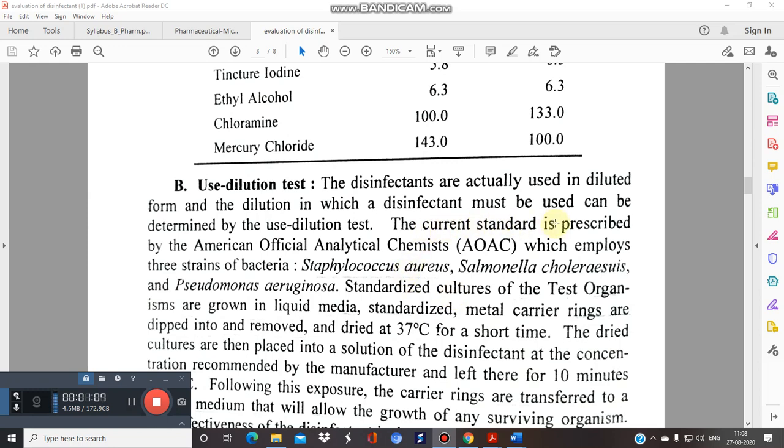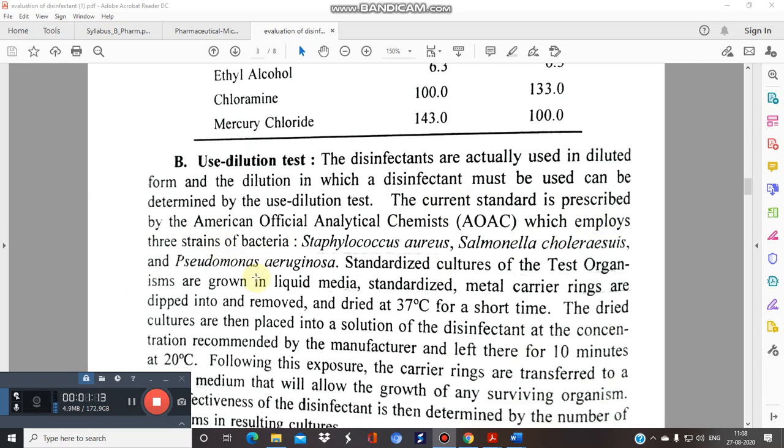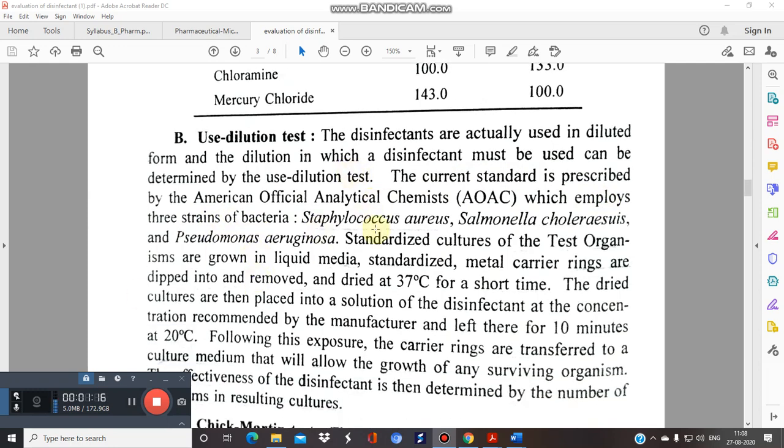The current standard prescribed by AOAC mentions three strains of bacteria: Staphylococcus aureus, Salmonella choleraesuis, and Pseudomonas aeruginosa.